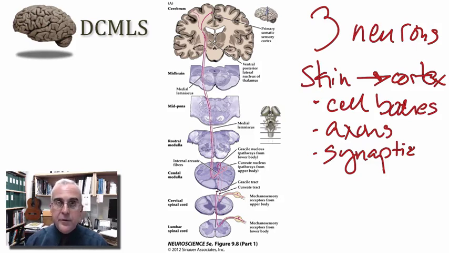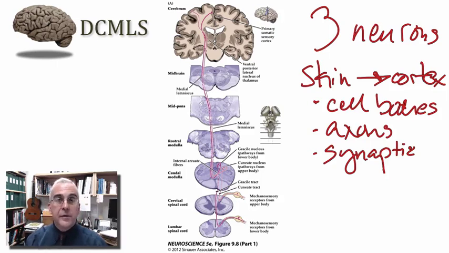Okay, so 3 things to focus on in this pathway and all the others that we'll look at over the next few tutorials. That is the location of cell bodies, the distribution of the axons of those cell bodies, and then the locations of the synaptic junctions.